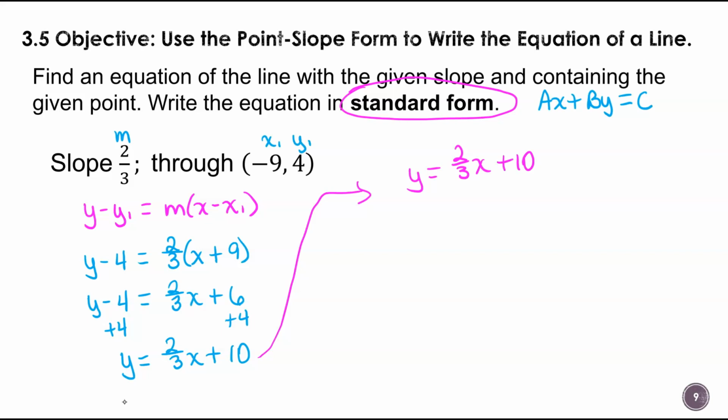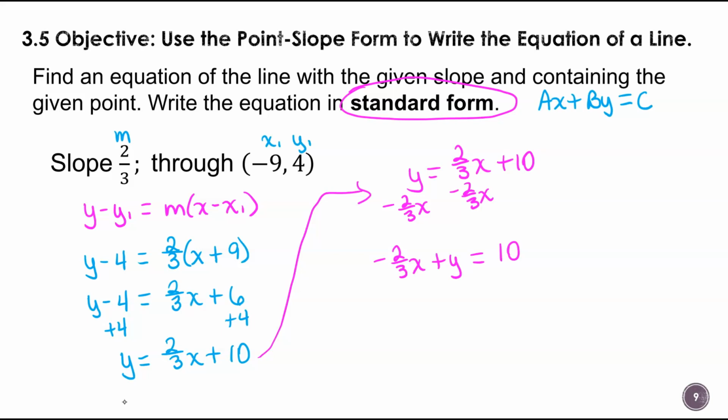So I'm going to subtract the 2/3 x and write it on the other side, on the same side as the y. So negative 2/3 x plus y equals 10. I'm going to do two things here: get rid of the fraction and the negative on the x.